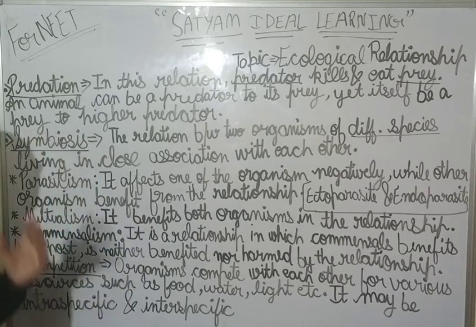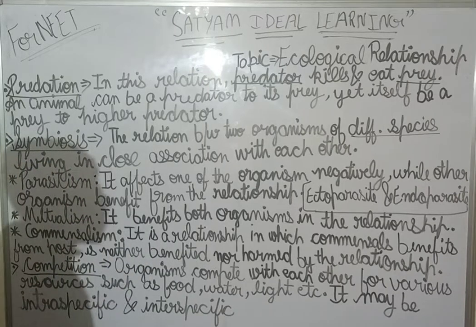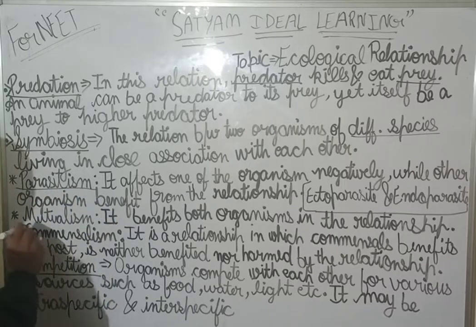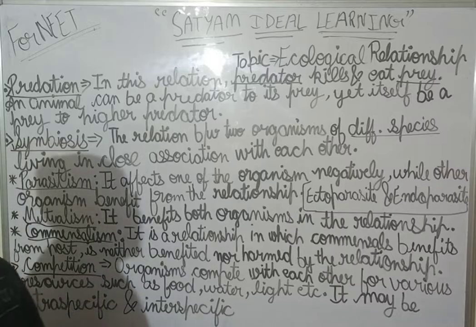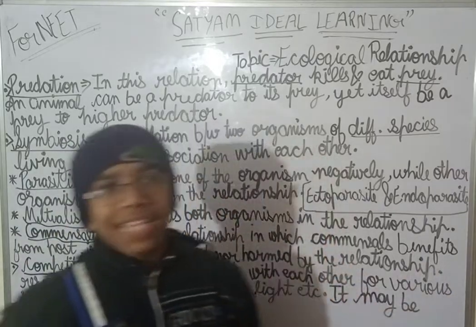Symbiosis is divided into three parts: parasitism, mutualism, and commensalism.